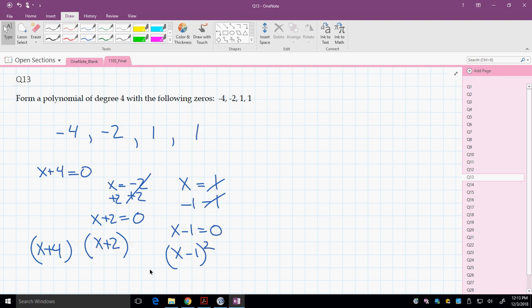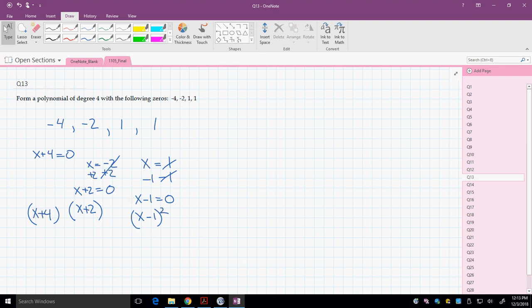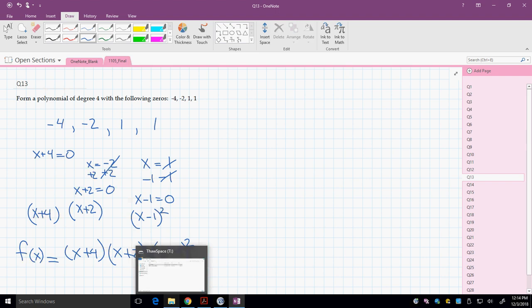So we are forming a polynomial function of degree 4. That means we need to use the function symbol. And we have x plus 4, parentheses, x plus 2, parentheses, times x minus 1, and this is to the second power. Now we need to solve them.